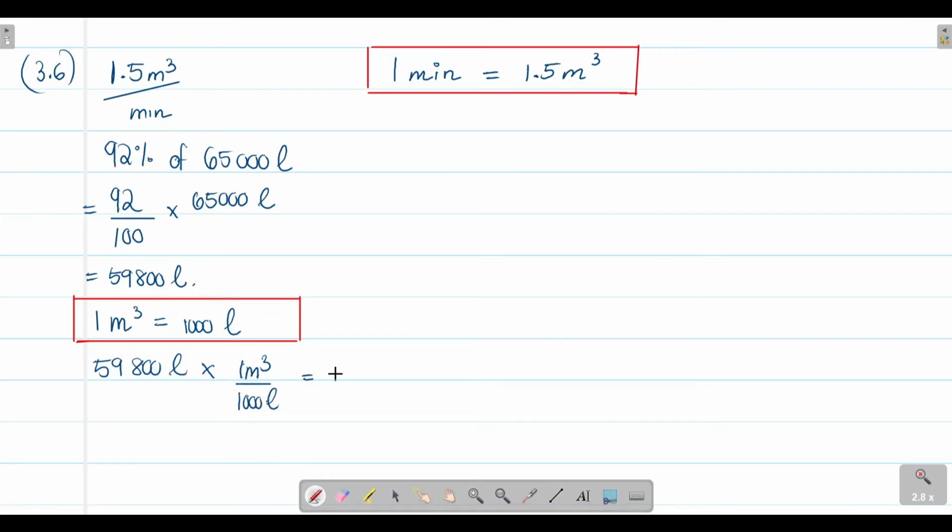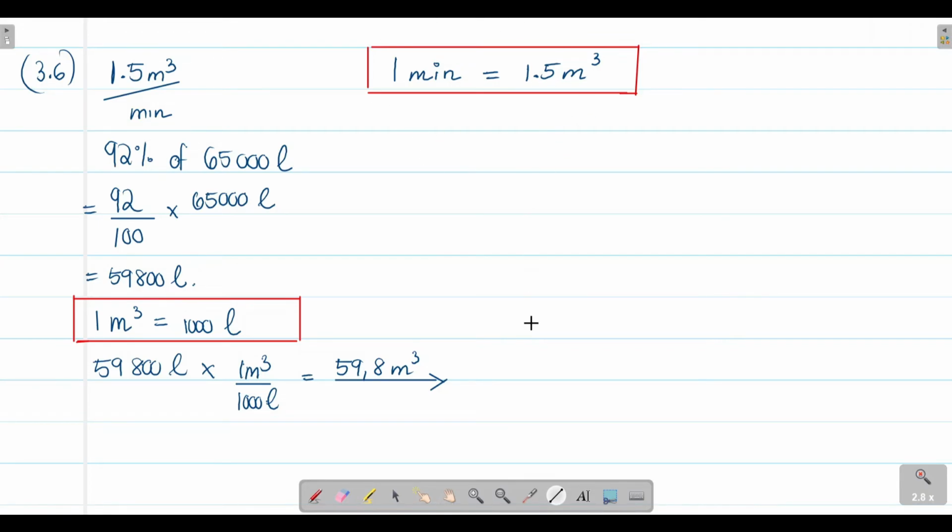If you punch it into your calculator, you'll find that 59,800 liters covers a volume of 59.8 meters cubed. Now with this, we need to determine how long it would take to fill 59.8 meters cubed, right?